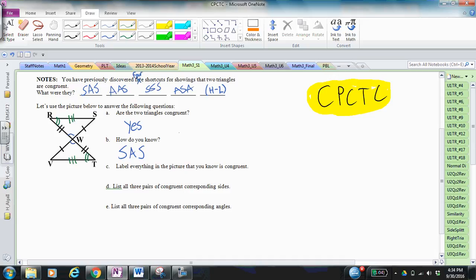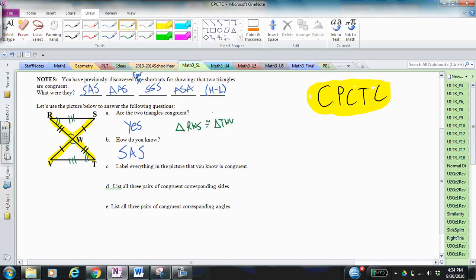Now let's emphasize why that is, because what we showed by side angle side is that triangle RWS is congruent to triangle TWV, because that goes along the double mark side and then the single mark. No, sorry, not RWT, RWS.